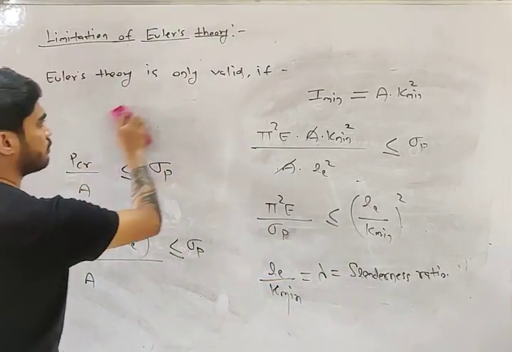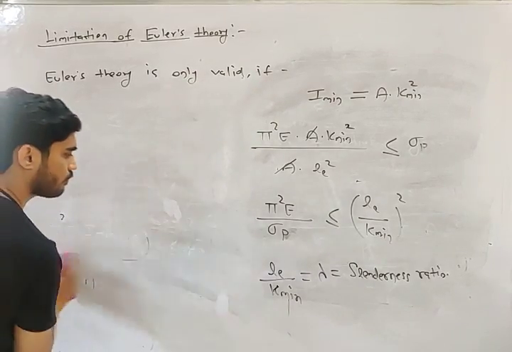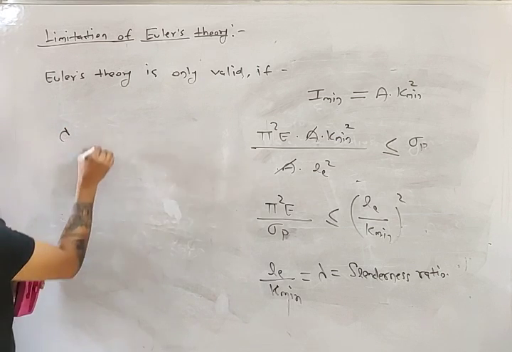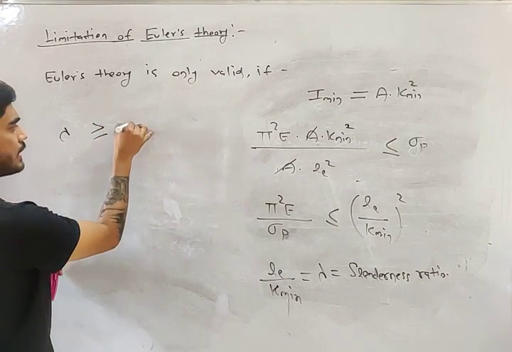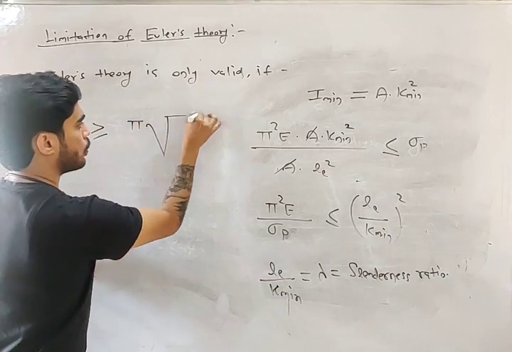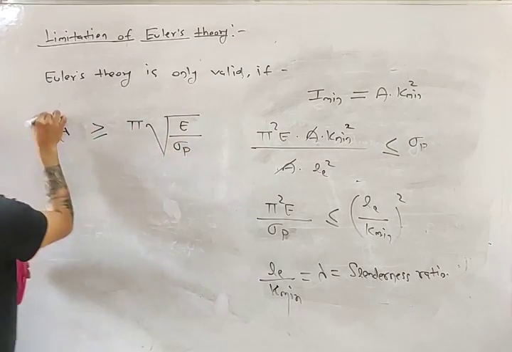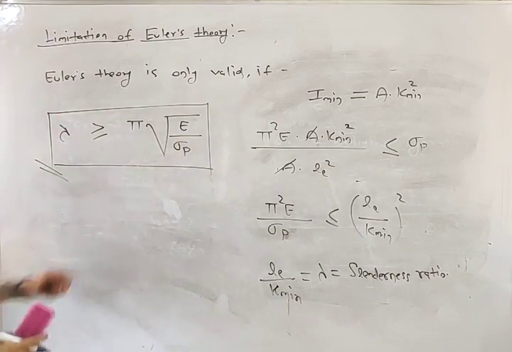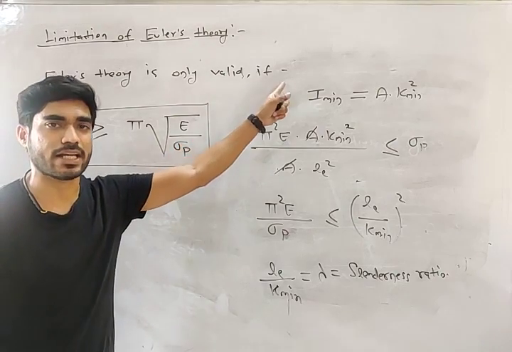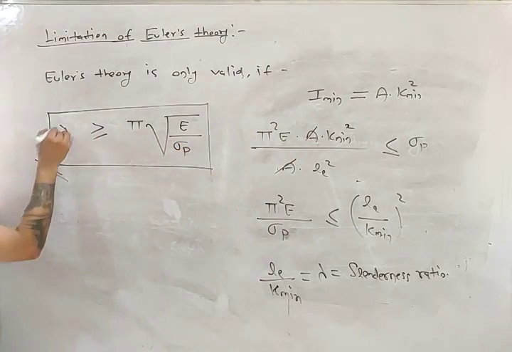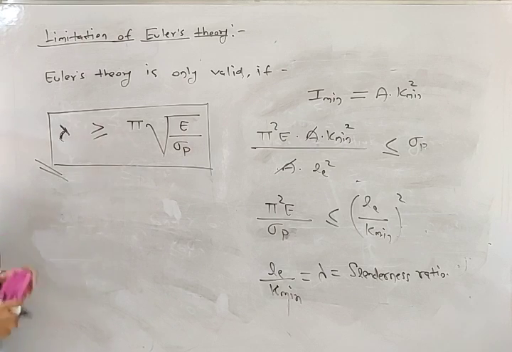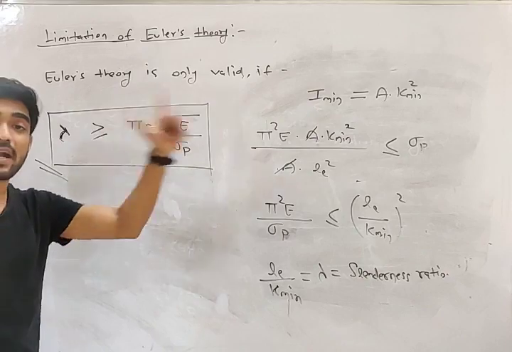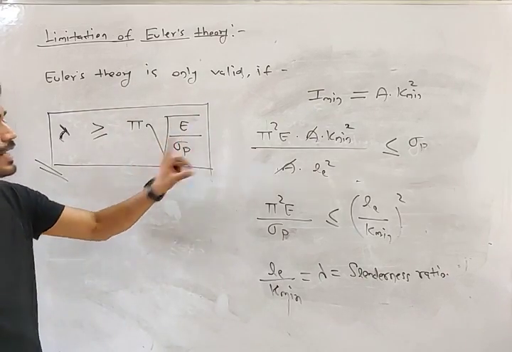Now, my friend, if you calculate the value of lambda, lambda should be greater than or equal to pi root over E by sigma p. This is the limitation of Euler's theory. Euler's theory is only valid if the slenderness ratio of the column is greater than or equal to this value. This value depends upon the material of the column, E and sigma p.